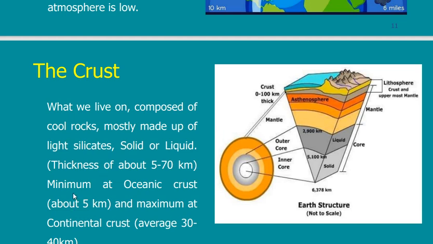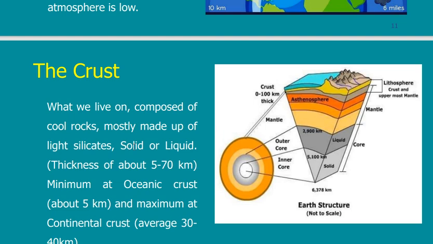Last thing is the approximate thickness. It varies, as I said, from one reference to the other. Also, what is important, is it in a solid state or in a liquid state? For the Earth crust, is it solid or liquid? It is solid, but all of it is solid?